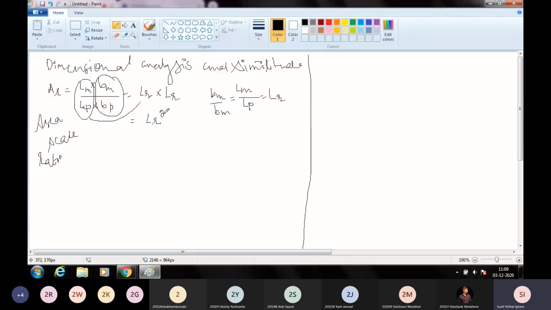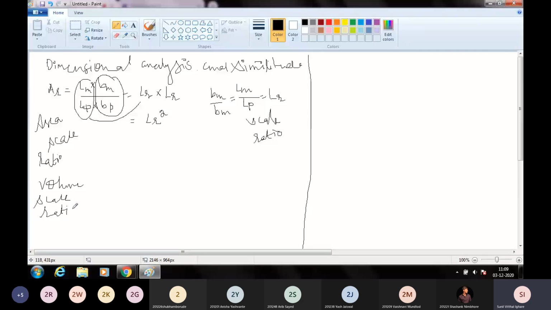This is the way to write the area scale ratio, and this is only the scale ratio. Next is the volume scale ratio.